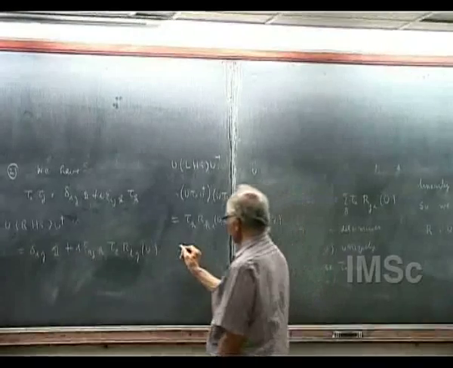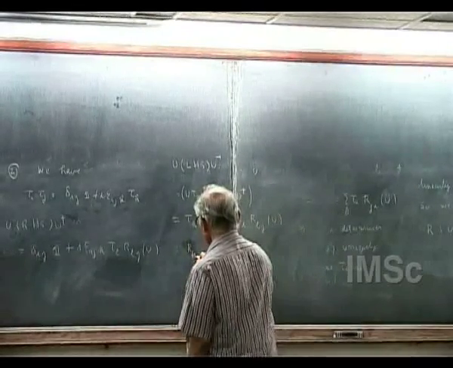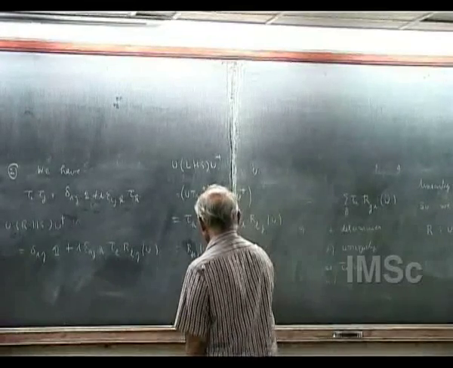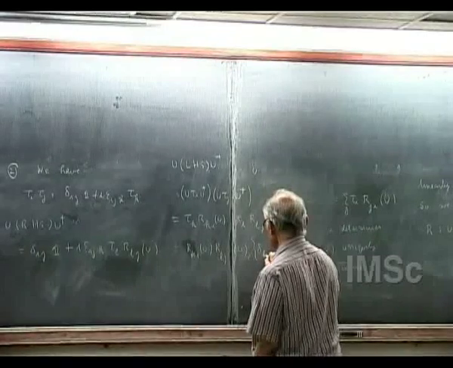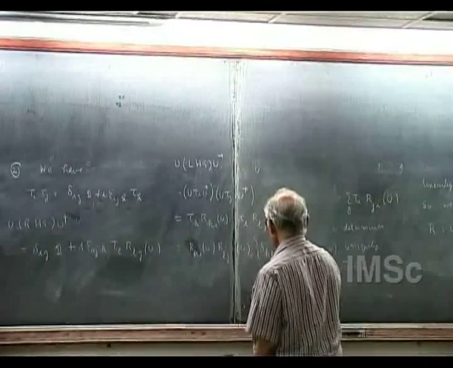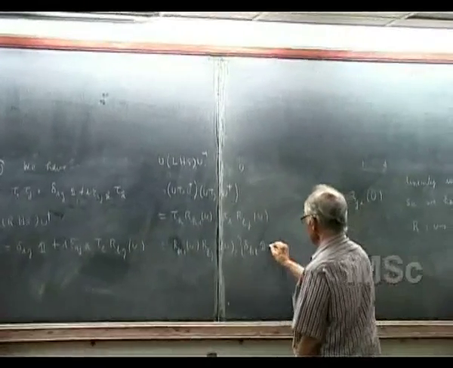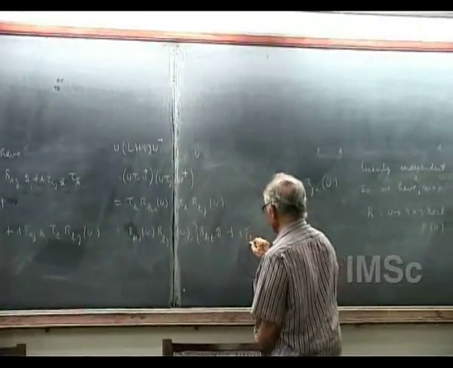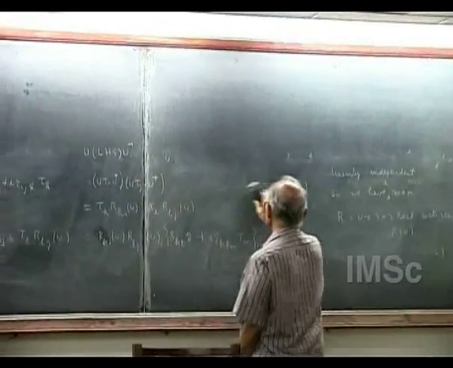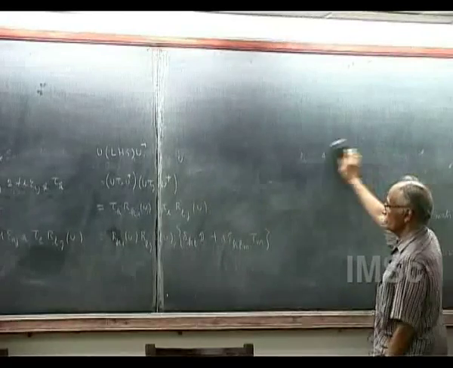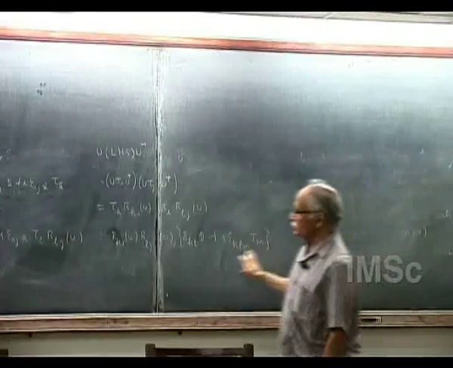So this is going to be tau k, well, r k i of u, r L j of u times delta k L 1 plus i epsilon k L m tau m. So this is equal to this.